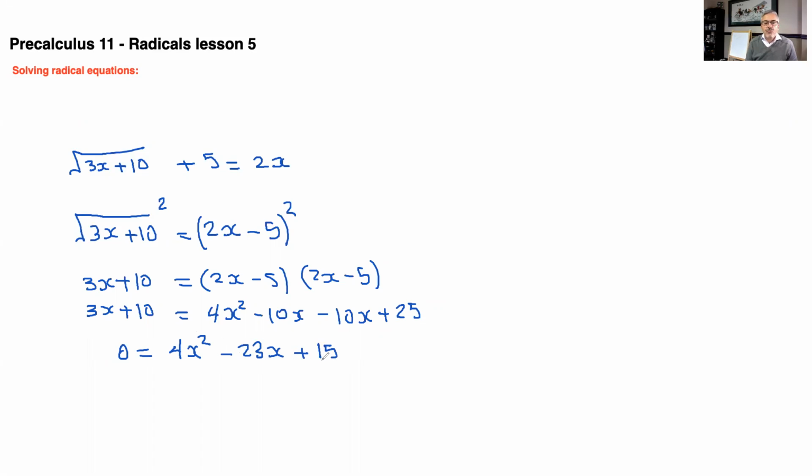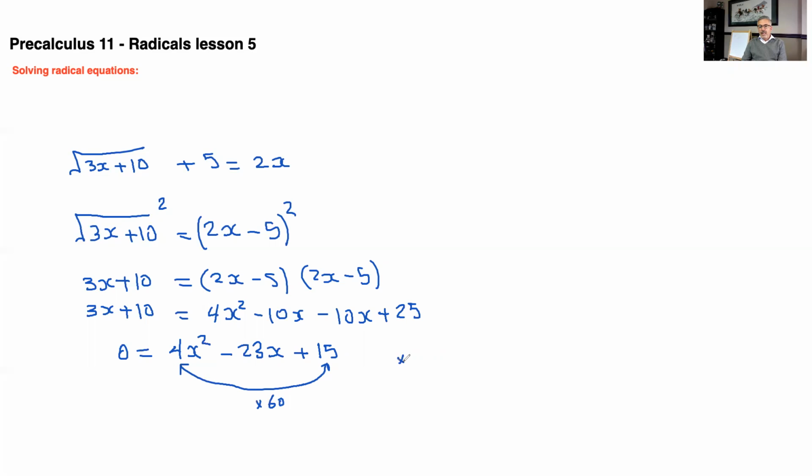Now, we have to factor this. For some of you who didn't factor before, a trinomial with a leading coefficient that you cannot take out as the greatest common factor, I have a different way of doing this. So I look for what multiplies to give me 60. 4 times 15 gives me 60.